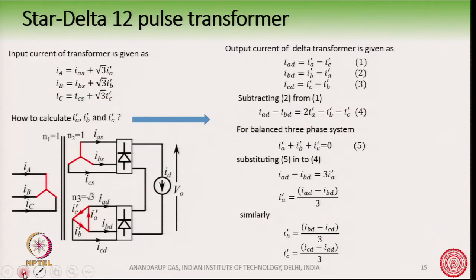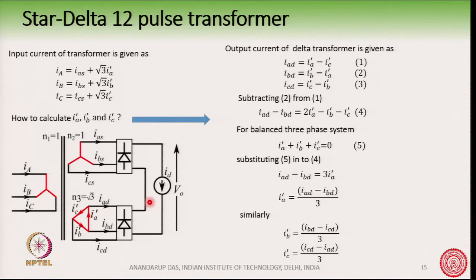In order to understand the input current, we can make the MMF balance on the transformer. This one has a 1:1 turns ratio, and this transformer has a 1:√3 turns ratio.